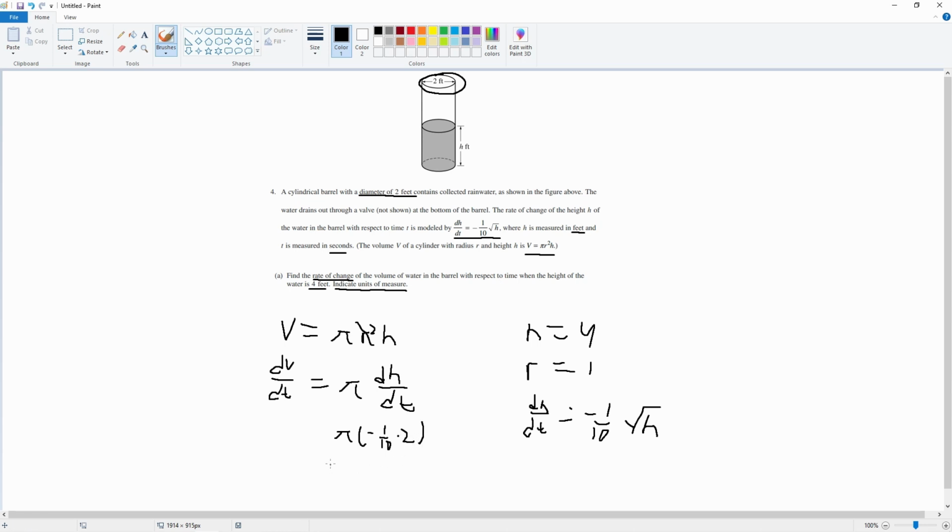If we simplify, our final answer dV/dt is -2/10, or -1/5, times pi, which is -pi/5. Then it tells us to indicate our units of measure. It's feet cubed, because it's volume, over a unit of time, which is seconds. So our final answer is -pi/5 feet cubed per second.